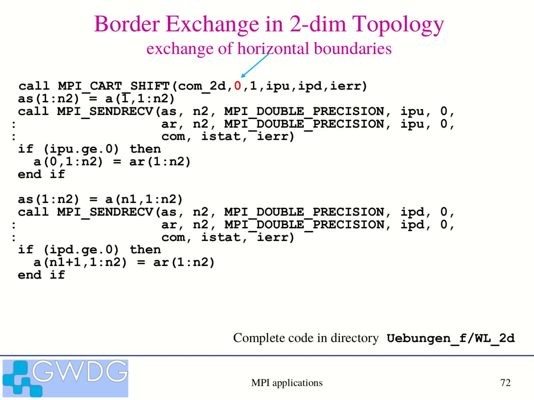First we copy the horizontal boundary of row 1, values from 1, 2, and 2, to a contiguous space.